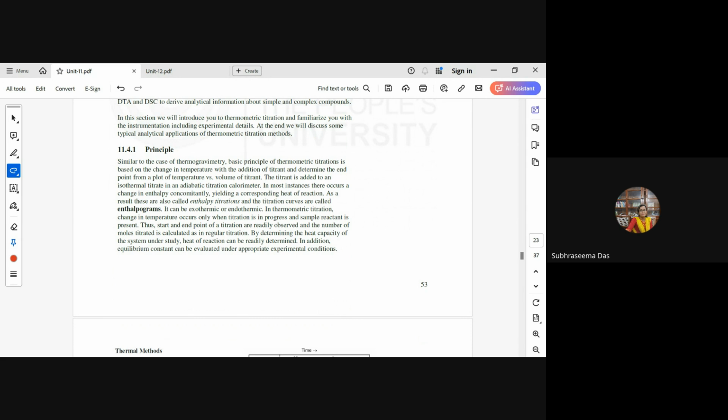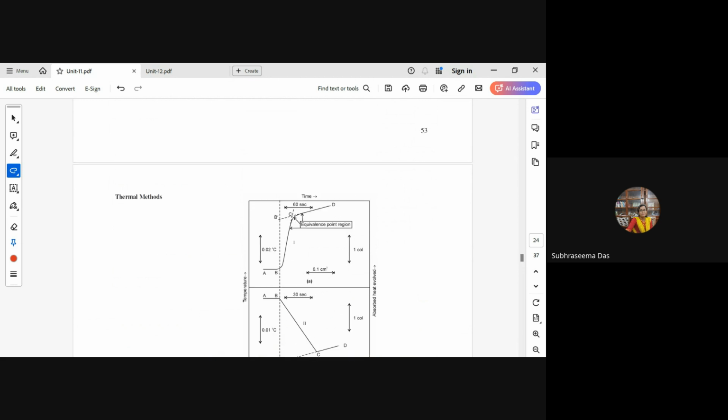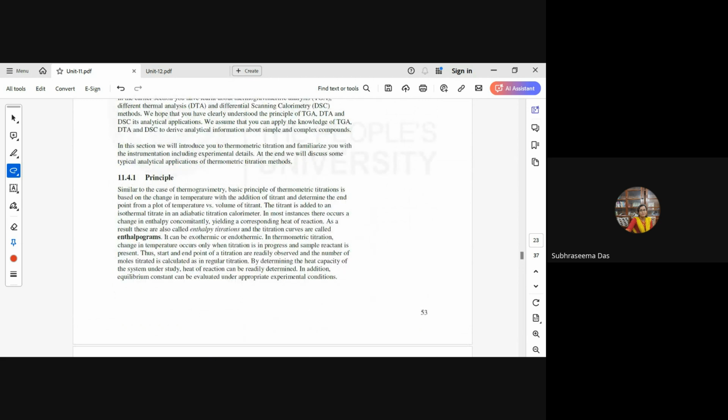The principle of thermometric titrations is based on the change in temperature with the addition of titrant, and the determination of the end point from a plot of temperature versus the volume of the titrant used. Basically, as shown in figure 11.16, the y-axis measures the temperature, and from the x-axis, the volume of the titrant added, we can find the endpoint.